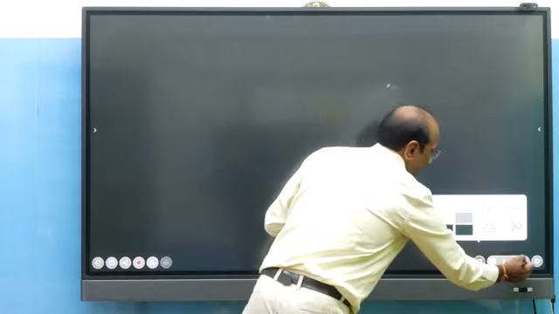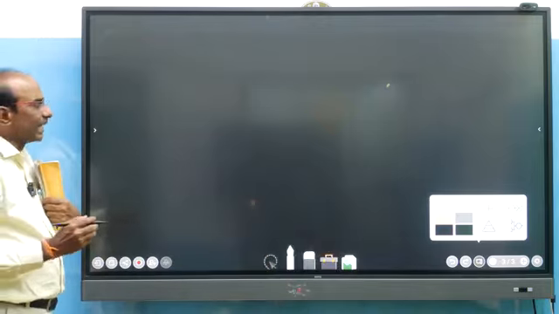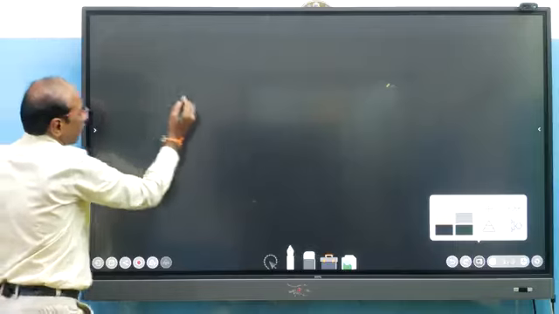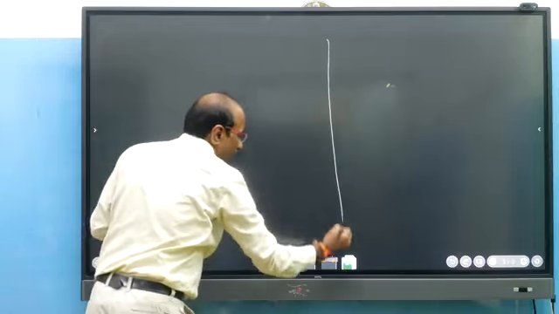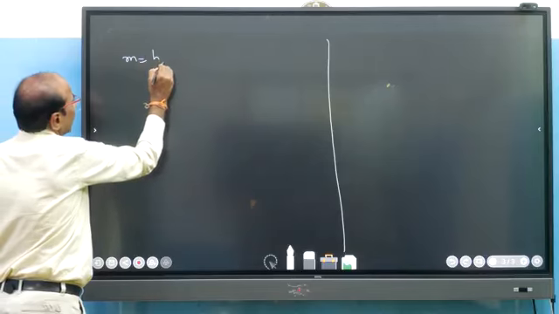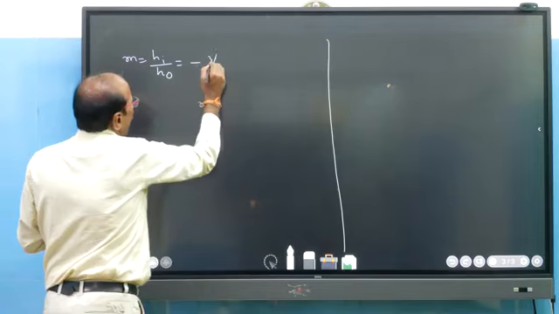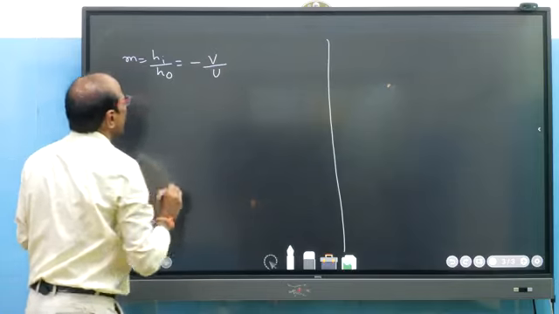Next, you have to find the nature of the image. To find the nature of the image, we have to find the magnification. Magnification m equals the height of the image over the height of the object, equals minus v by u.